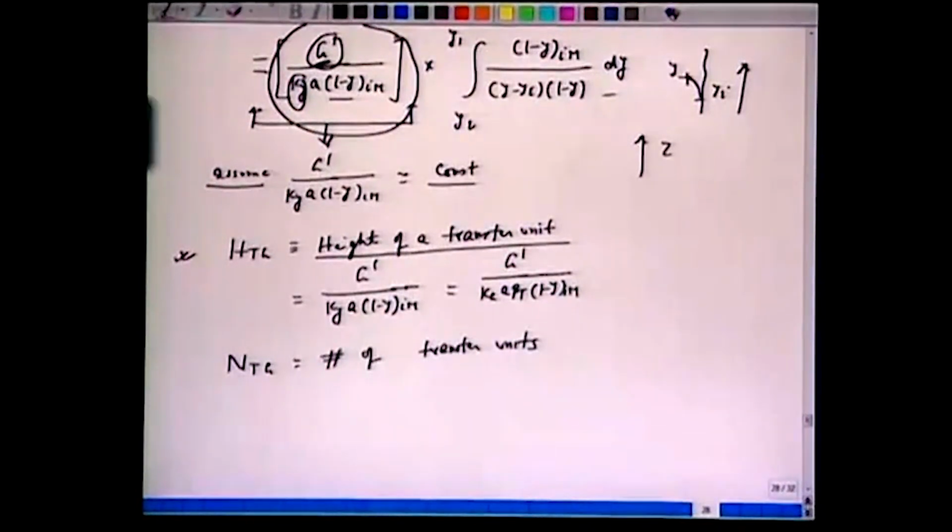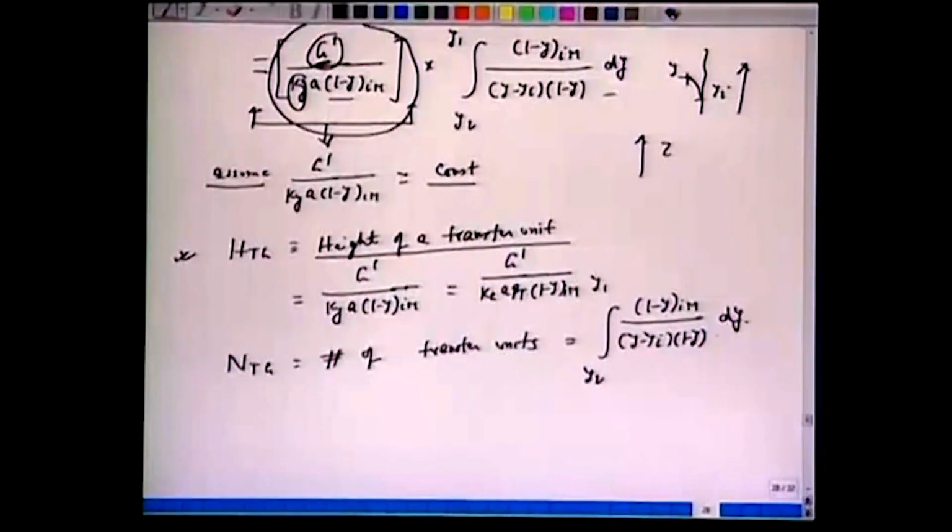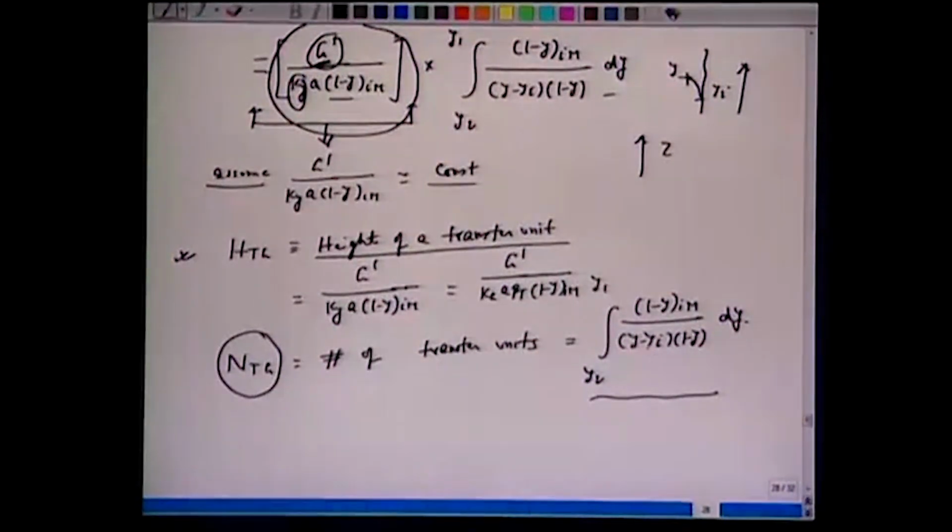So, we have the number of transfer units NTG given as the integral from y2 to y1 of (1 minus y)_I m over (y minus y_I)(1 minus y) dy. All right. So, if you can evaluate this quantity, we can calculate the number of transfer units. This integral is still quite complicated.